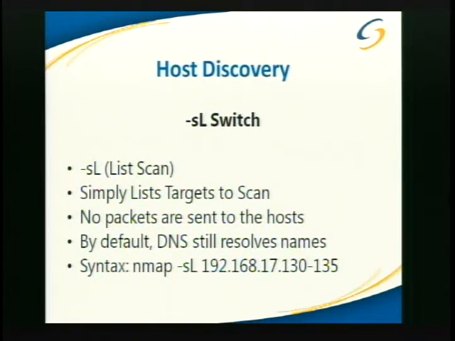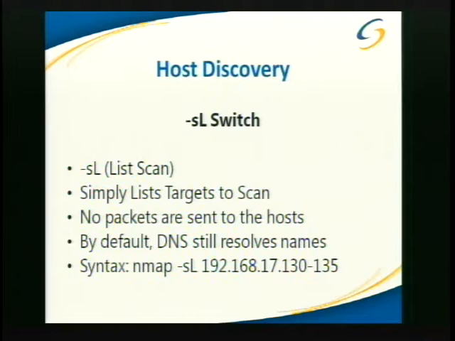All right, the list scan, it's basically a sanity check. No packets are sent to the machines that you're scanning, supposedly. So what's going to happen is down here you do -sL followed by these IP addresses, and Nmap is just going to list out each of the IP addresses you would have scanned in sequential order.